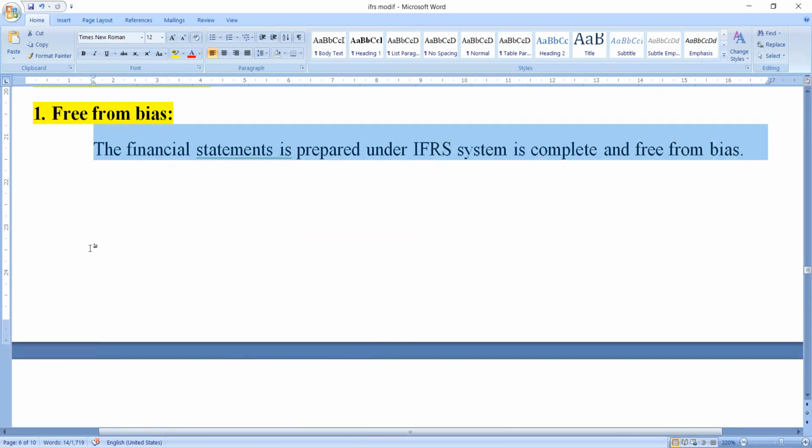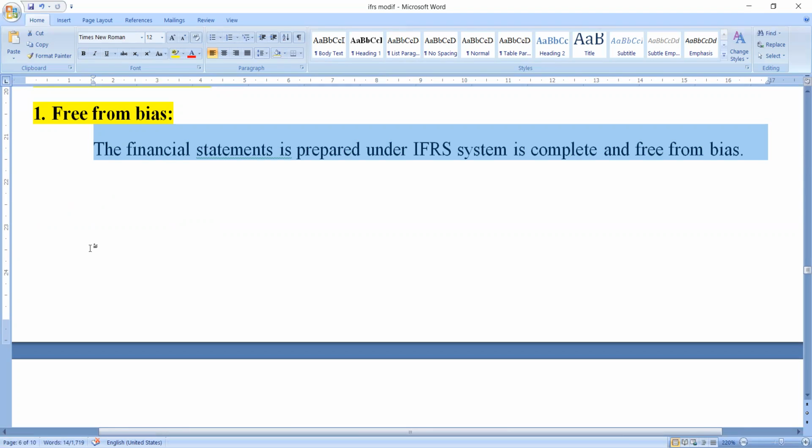Free from bias means the financial statements prepared under the IFRS system are complete and free from bias. There is no influence in preparing the rules and regulations. When preparing the IFRS rules and regulations, there is no influence of the WTO, the IBRD or the World Bank.